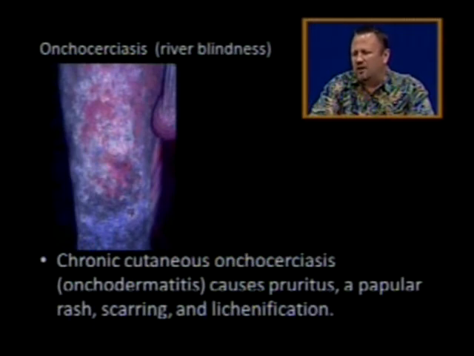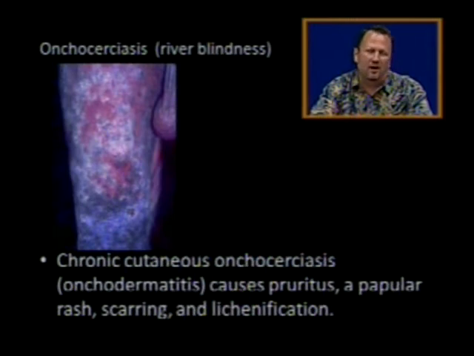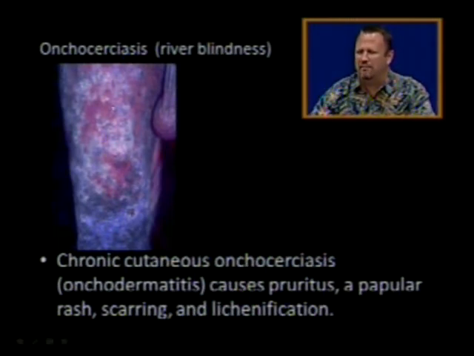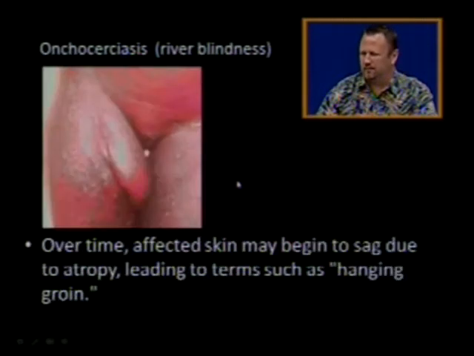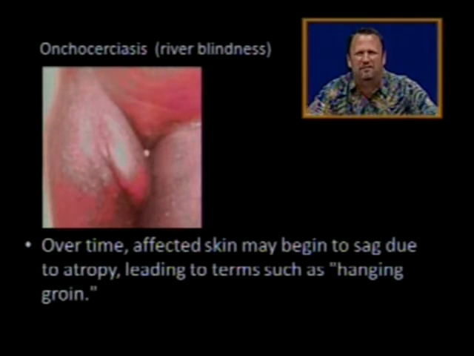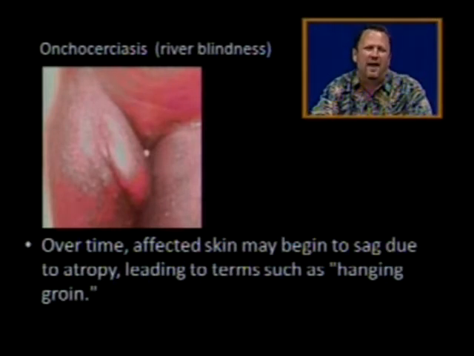Chronic cutaneous onchocerciasis, which is onchodermatitis, causes pruritus, which is itching, a papular rash, scarring, and lichenification. Lichenification is a skin change causing these white patches, lichens. Over time, the affected skin may begin to sag and atrophy, thin, leading to terms such as hanging groin.